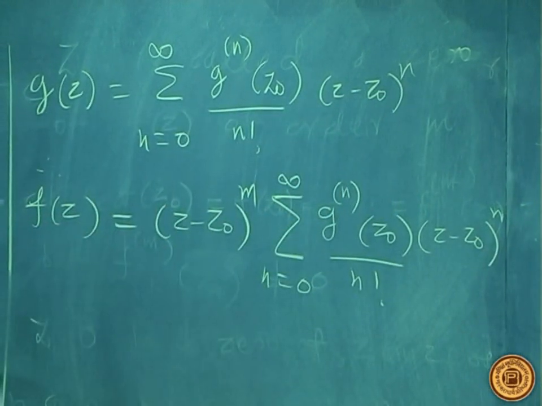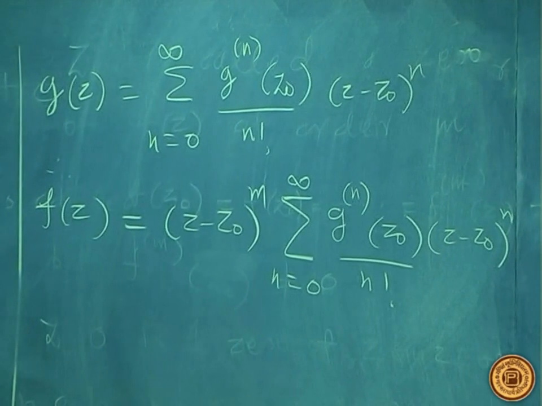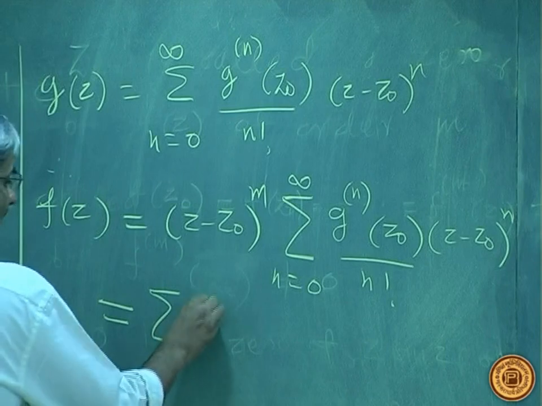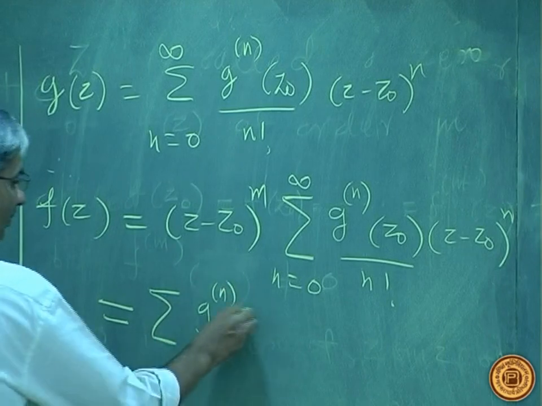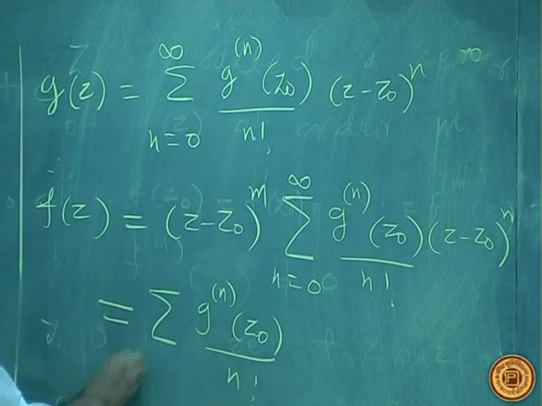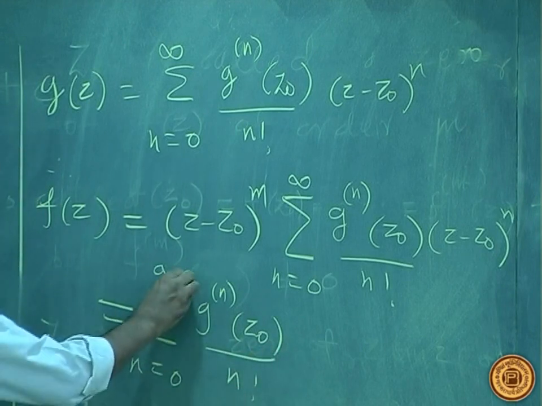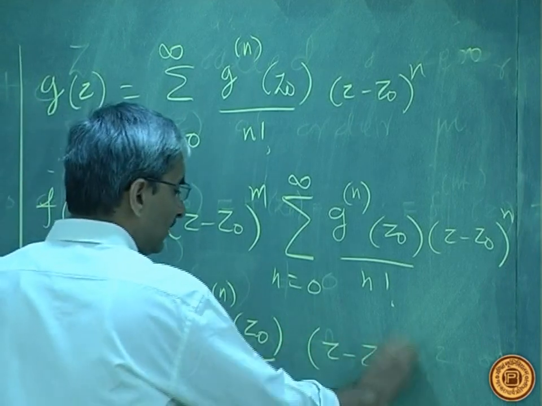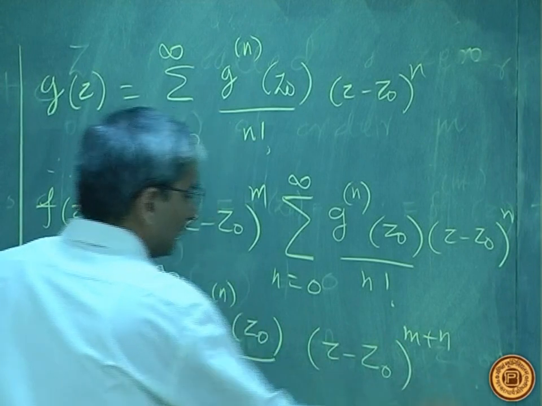Now I can multiply inside. So this is equal to the summation, n from 0 to infinity, of the nth derivative at Z naught upon factorial n, into (Z minus Z naught) to the power m plus n.